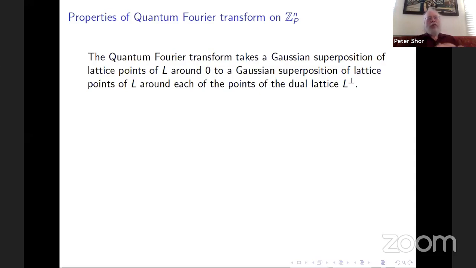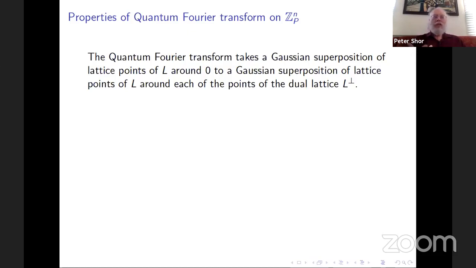So I already talked about Gaussian superposition. A Gaussian superposition of lattice points around some point is just the superposition of all lattice points around that point with the amplitude decaying according to a Gaussian. And of course, this Gaussian can have a standard deviation which is small or large.